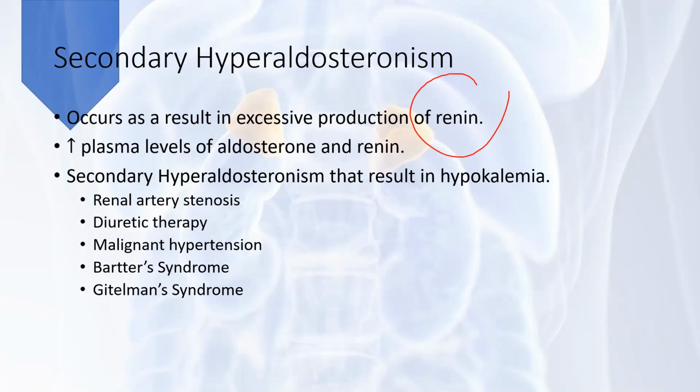Secondary hyperaldosteronism can result in hypokalemia, and it includes renal artery stenosis. This is what I'm telling, no? The narrowing of the renal arteries. Diuretic therapy, malignant hypertension, Bartter's syndrome, and Gitelman's syndrome.